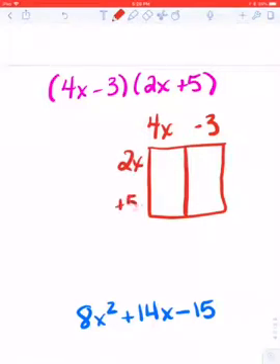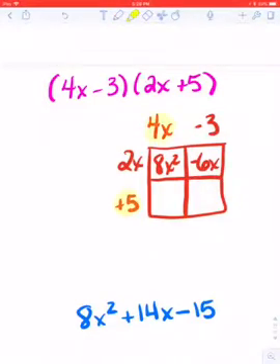I'm going to do 2x plus 5 over here. And then I'm going to start to multiply them, just like a multiplication chart. So 4x times 2x is going to be 8x squared. 2x times negative 3 is going to be negative 6x.